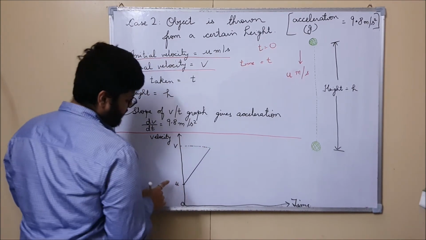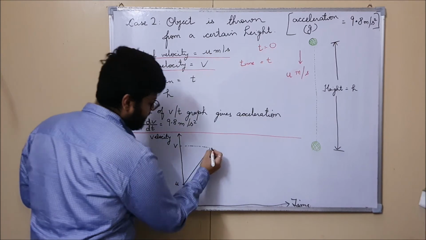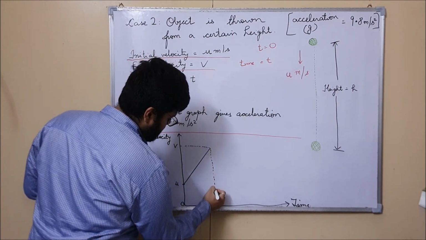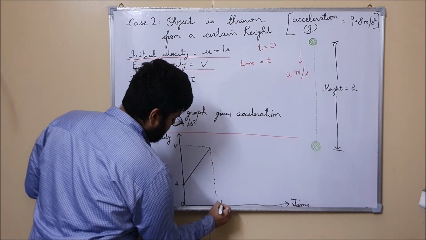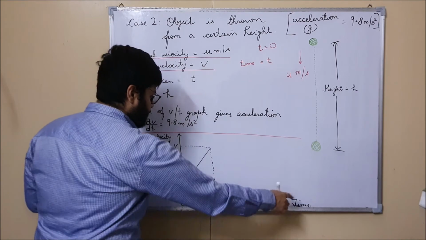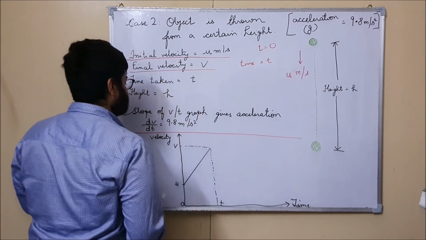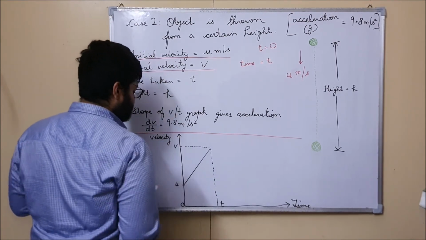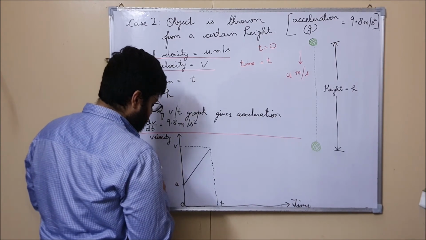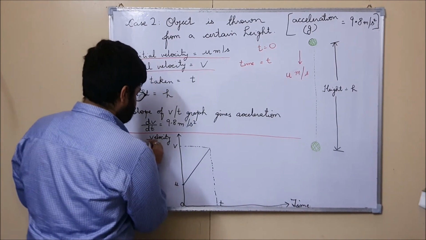This is initial velocity, this is final velocity, and the motion ends at time t on the x-axis. So our graph looks like this.